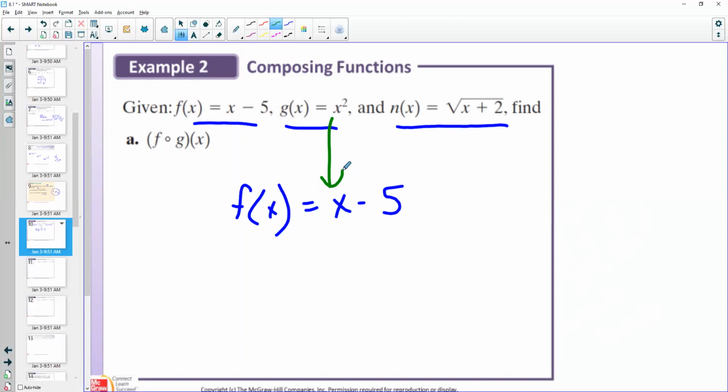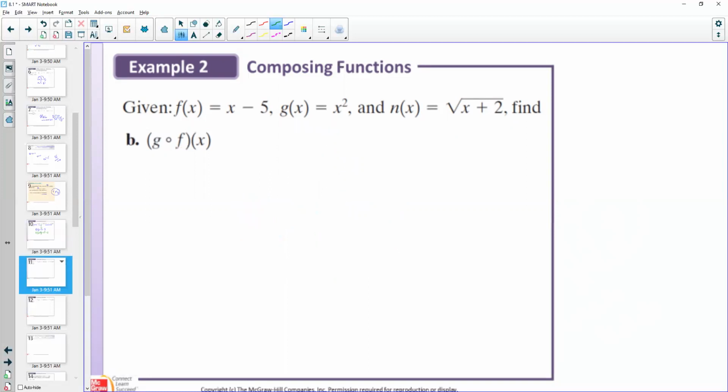So f of g of x means where I see x, I should insert the function for g. So that becomes x squared minus 5. It's a little weird, right? That one's a little weird just because it's so straightforward, it's a little confusing. So let's try another.